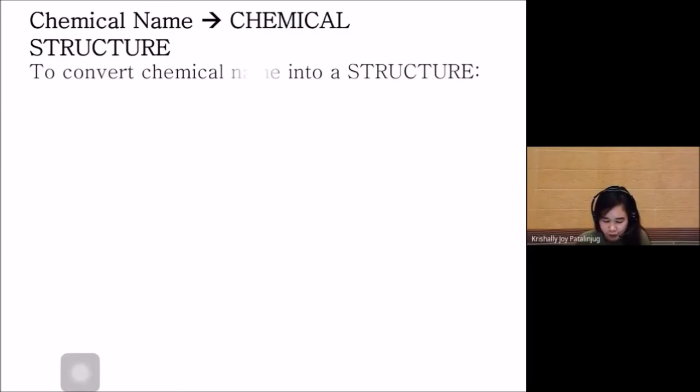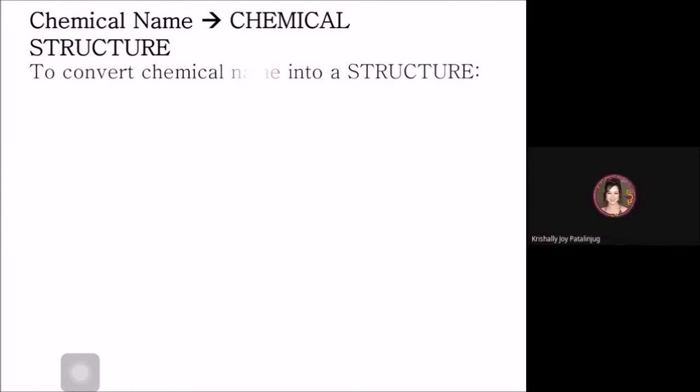Okay, proceed tayo sa conversion, no? Conversion of chemical name to its chemical structure. So this time, pabaliktad. 'Di ba? Sa mga previous nga slides, puro structure yung makikita nyo, then you have to name it.